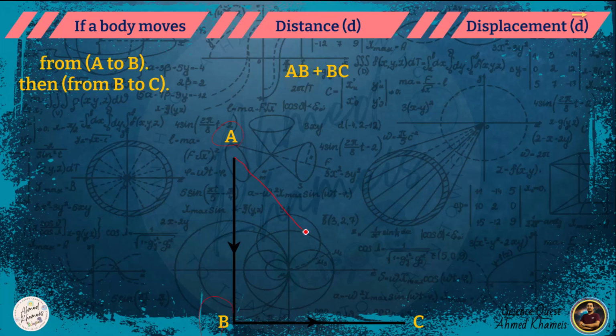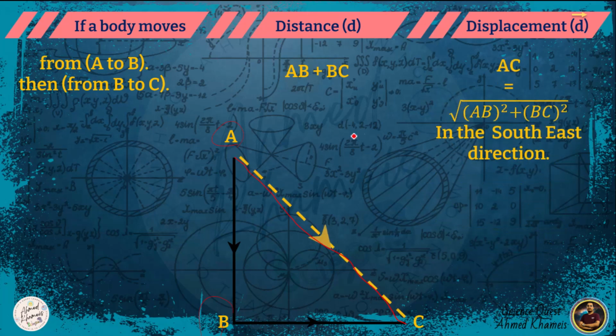So we draw a line from A to C, and now we have a triangle. In order to calculate the length AC, we use the Pythagoras theorem. So the length of AC will equal the root of AB squared plus BC squared, in the southeast direction.